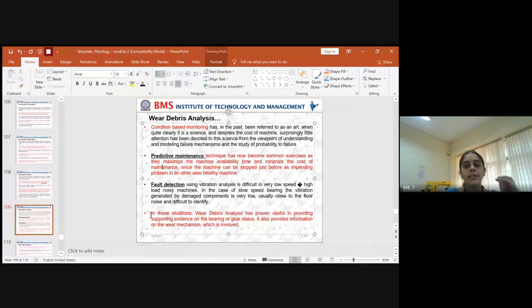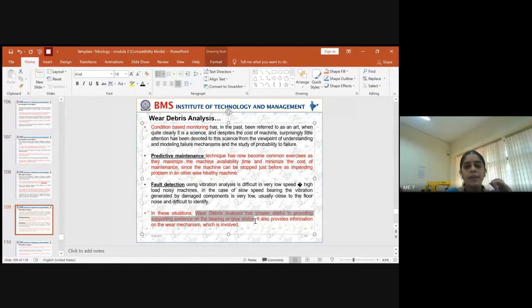So in all these situations, wear debris analysis has proven to be a useful tool in providing evidence on bearing status. In all these types of issues, wear debris analysis has been done successfully by many people, and they have proven that it is very useful in providing proper evidence of why wear results in any mechanical component.